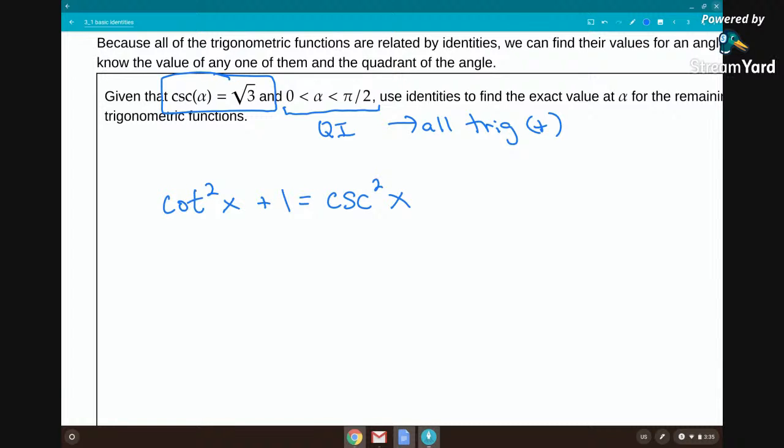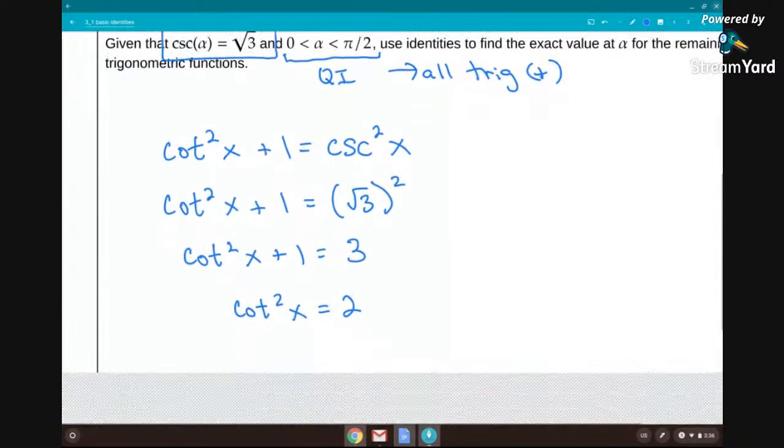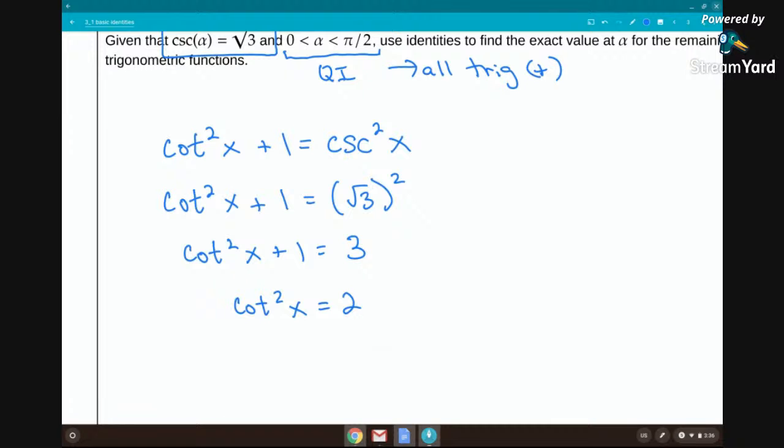And since we know that the cosecant of x, or of alpha, is the square root of 3, we can substitute this in. Which means our cotangent squared plus 1 is equal to 3. If we subtract 1 on both sides, we get the cotangent squared is equal to 2.